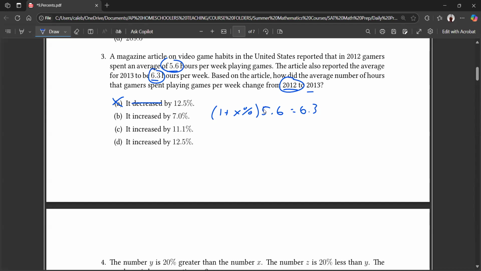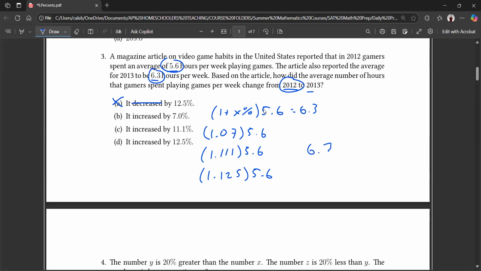I'd say, okay, well, I got to test 1.07 times 5.6. Then I would test 1.111 times 5.6, and I would test 1.125 times 5.6. And whichever one of these options spits out 6.3, that must be the correct option choice.